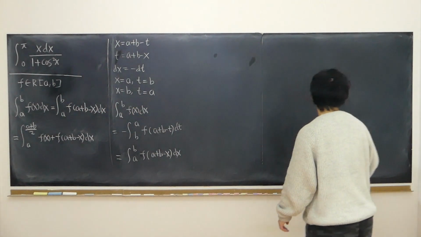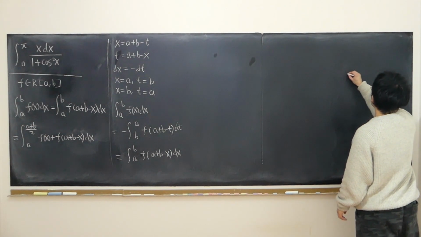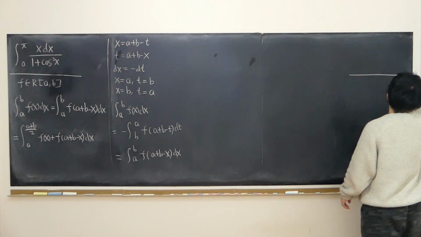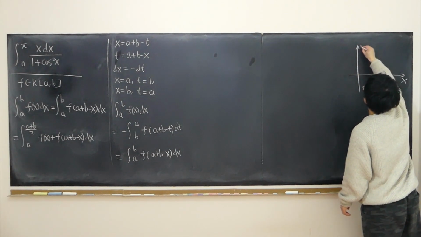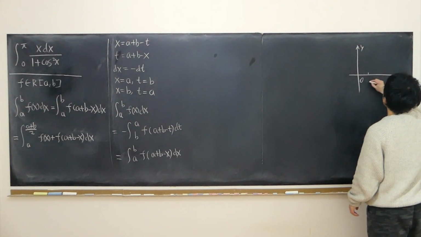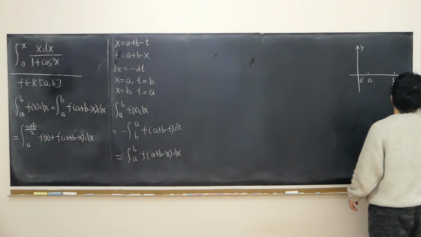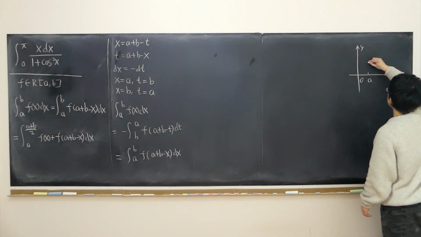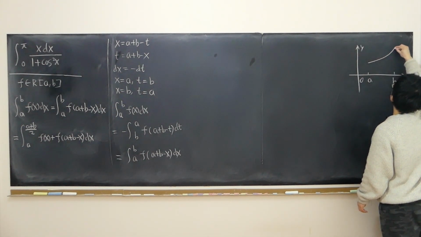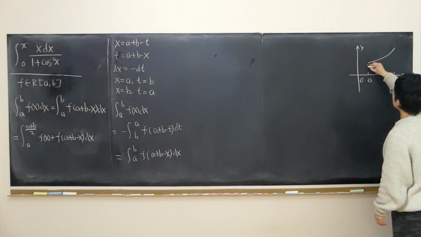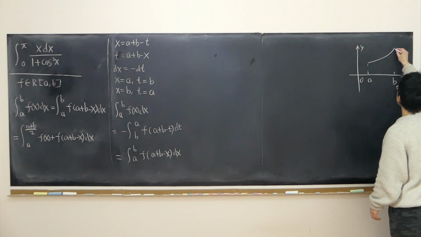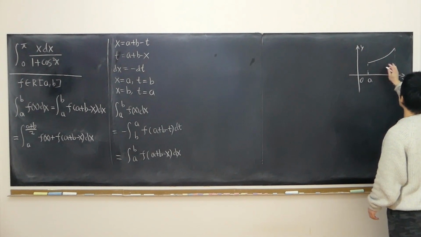So graphically, if we draw, for example, this is the graph of the original function. And we're integrating from point A to point B. So that is this area.